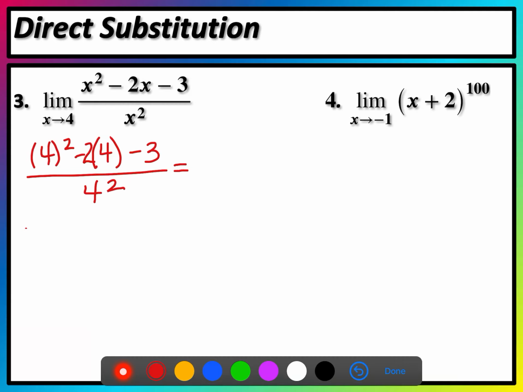So we get 5 over 16. Okay, even though it's a fraction, that's a fine number.